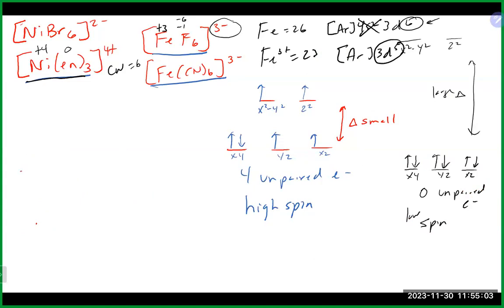If we did it as a weak field, we would again have a small separation here, and distributing our 5 electrons, 1, 2, 3, 4, and 5, would give us 5 unpaired electrons, and definitely would be a high spin situation. Obviously, if we had a large separation, they would all pair up, pretty much except for one, and it would be more of a low spin.